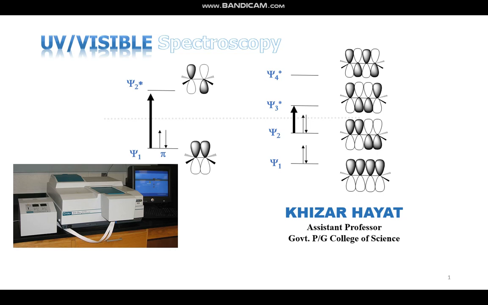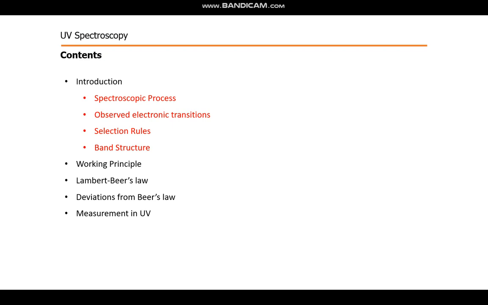Dear students, our today's lecture is about UV visible spectroscopy. We would talk about the introduction of UV visible spectroscopy, in which we will discuss spectroscopic processes, observed electronic transitions, and some examples from the observed electronic transitions from different compounds, selection rules, and band structure.